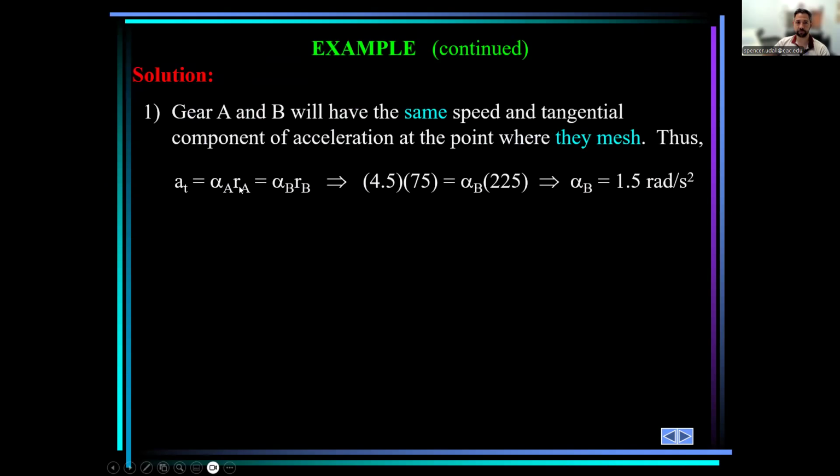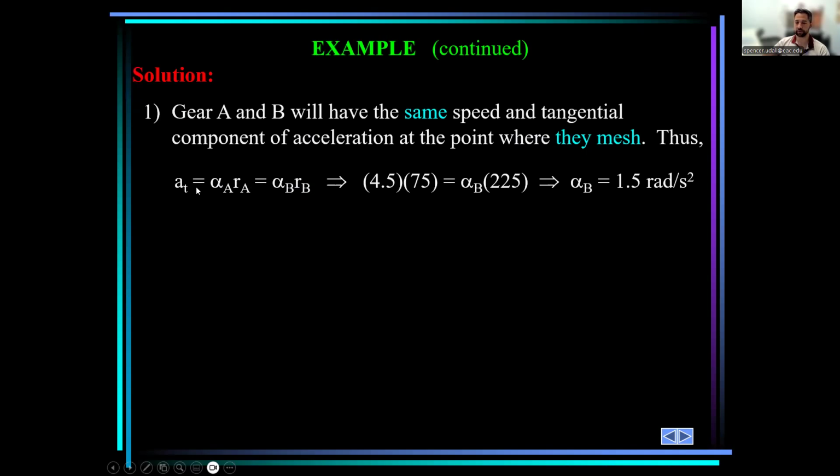Alpha r for gear A is the same as alpha r for gear B because they both have the equal linear tangential acceleration. Right? So we plug in our known acceleration there, plug in our 75 millimeter radius. We're looking for alpha B, plug in the 225 millimeter radius for it, and we turn the crank out, pops alpha B, 1.5 radians per second squared.